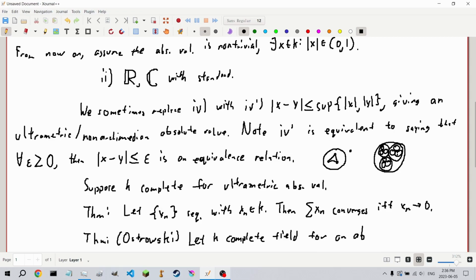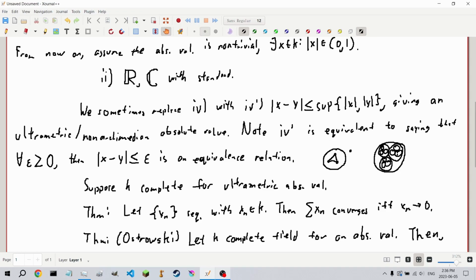And in this context, I'm pretty sure that just means that every Cauchy sequence converges to a point in the space. Then there's actually three cases.